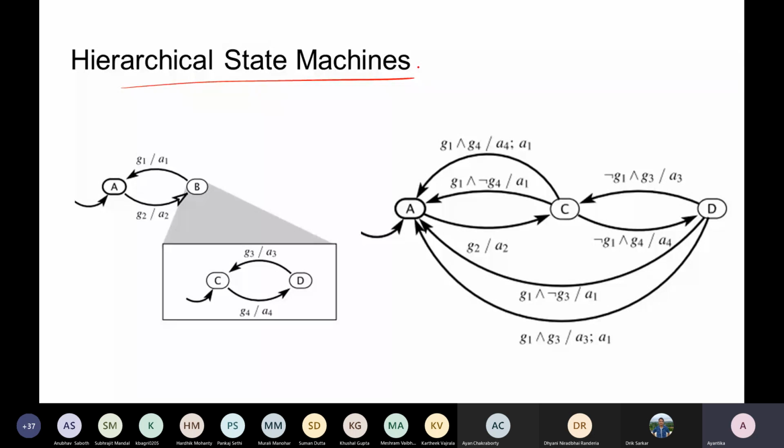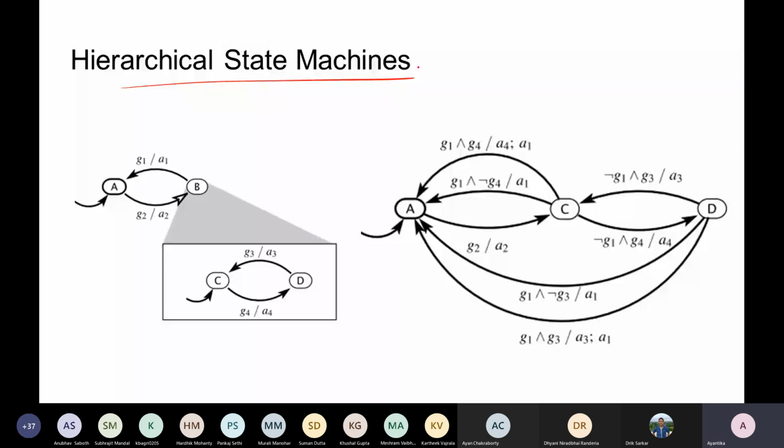We talked about the hierarchical state machine, and we also talked about the concept of history. Concurrency we understood. Side-by-side decomposition we have understood.